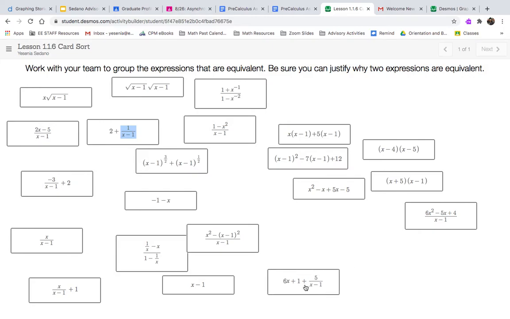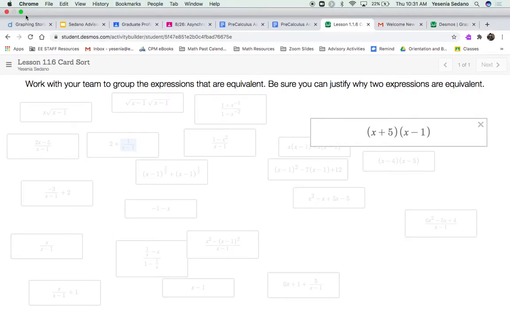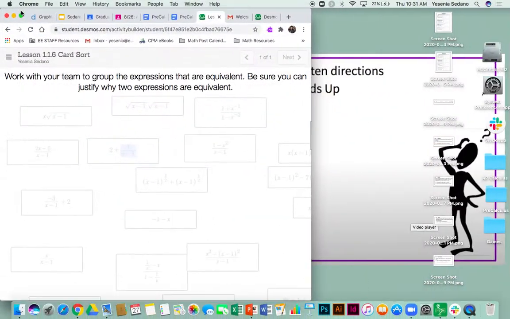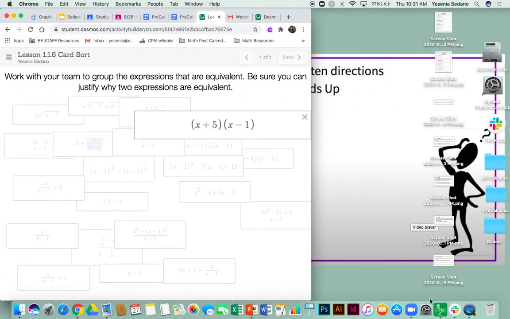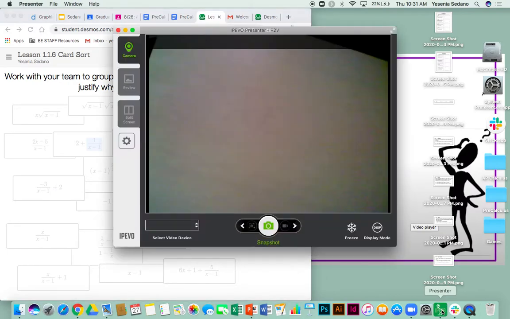Okay, so I'm going to try to take a look at this card right now, and I'm going to try to multiply this out using the box method. And in order to show you how I do that, I'm going to connect my doc cam like this.